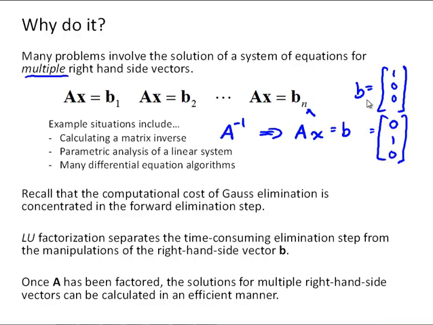B3 is equal to 0, 0, 1, gives us the third column, and each of those corresponding X values builds that inverse, A minus 1. Now we're not going to do much calculating of matrix inverses in this class, but I just wanted to point that out as an example situation. You can imagine calculating the inverse of a 100 by 100 matrix. All of a sudden we have 100 different right-hand side B vectors.